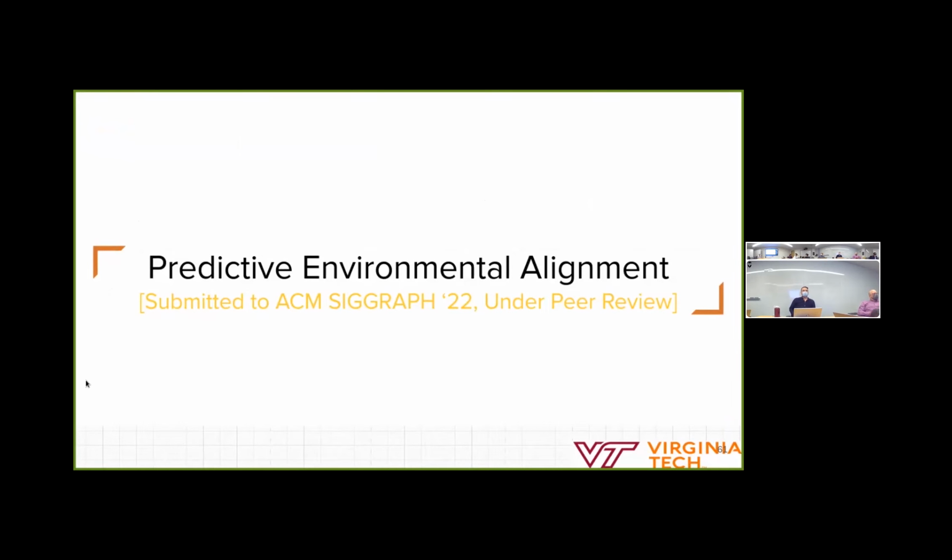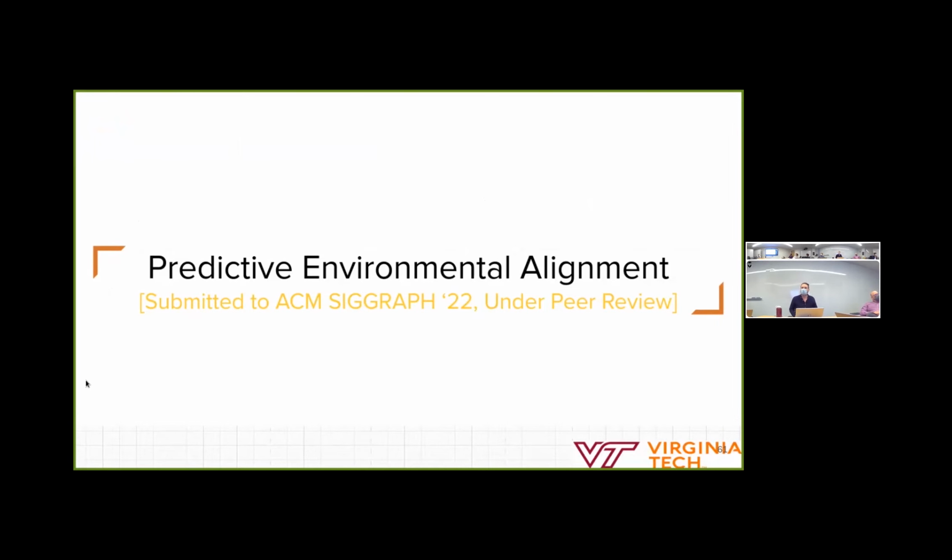And then finally is this notion of predictive environmental alignment. The second paper I talked about looked at the idea that we can use redirected walking techniques to allow the user to interact with the environment, but we did so in a purely reactive way.